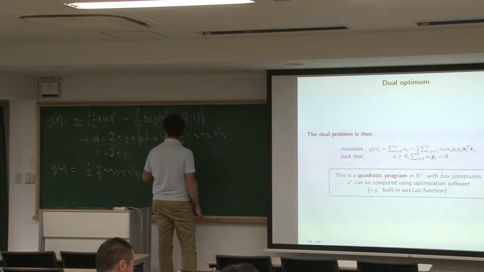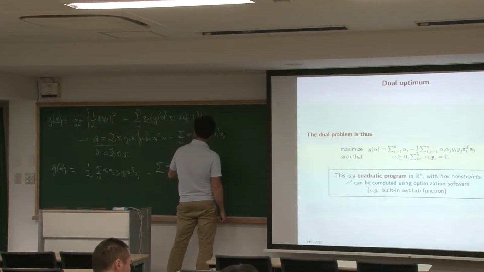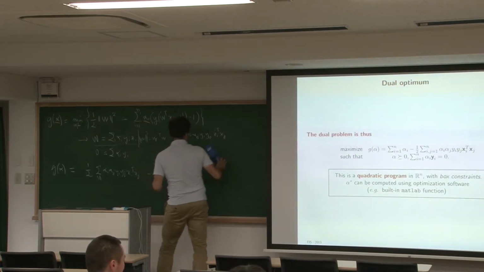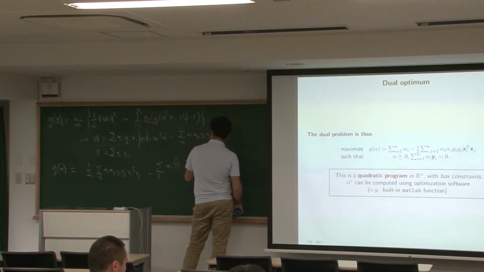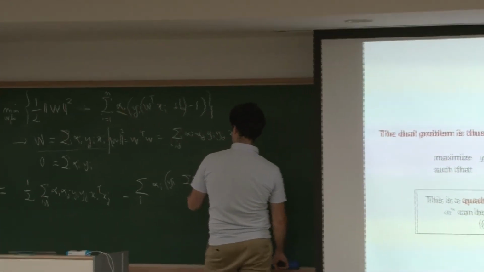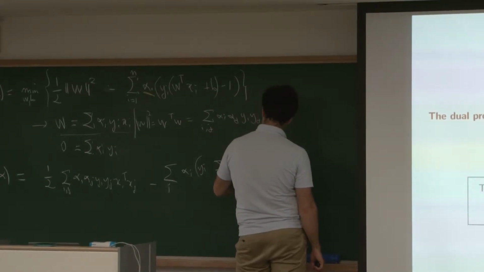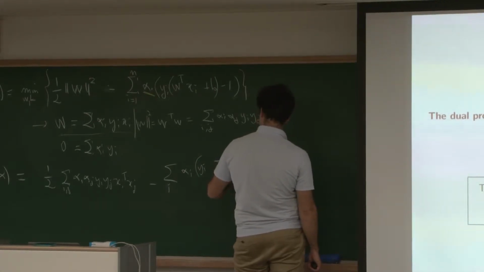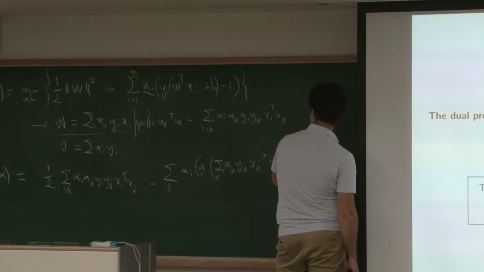So here I will have the sum of alpha i, yi, times W transpose xi plus b minus 1.